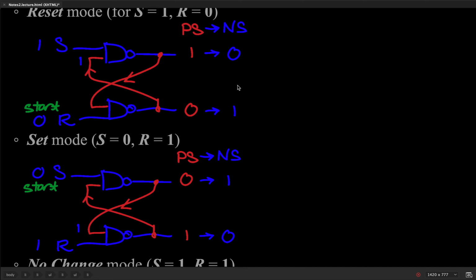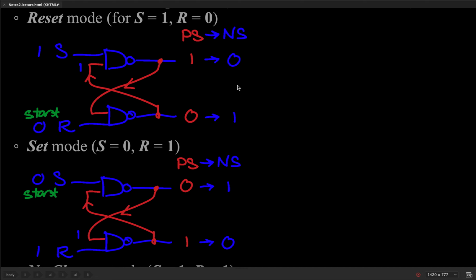The set mode will behave the same as the reset mode. If I take the picture and flip it, you can see that this circuit here would behave in a similar manner. In this case, to set the flip-flop, that is to make the output now a 1, I have to make S equal to 0.